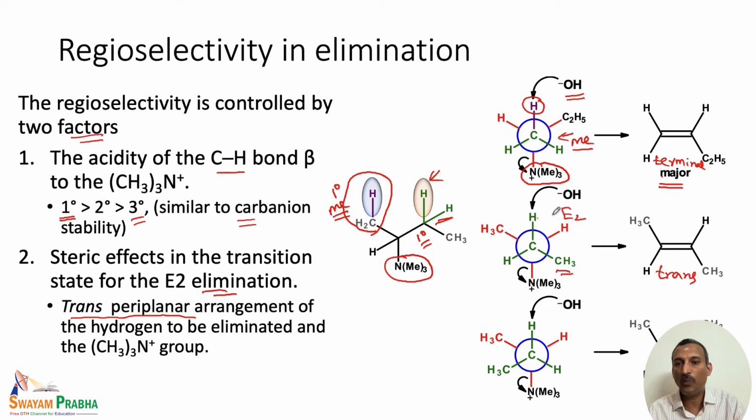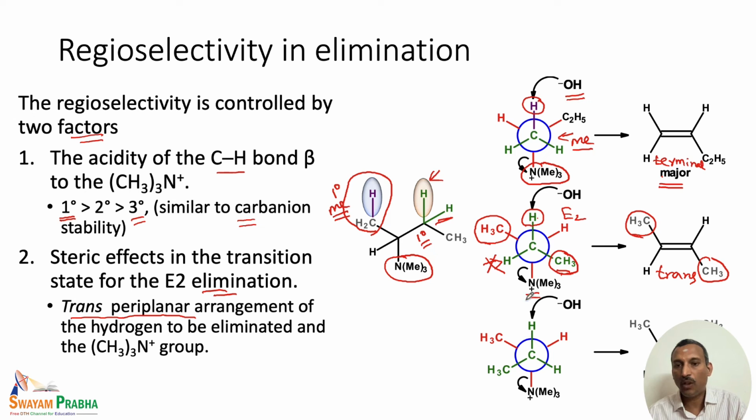In this E2 mechanism, the hydroxide will abstract the hydrogen atom which is trans or anti to the leaving group. So, the base will not abstract this particular hydrogen, but instead it will only abstract the hydrogen which is trans to this one. In this particular arrangement, the two methyl groups are on opposite sides of each other. So, we end up with the final product which is the trans isomer.